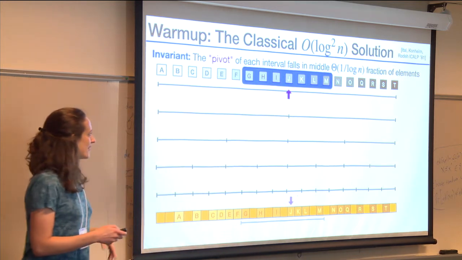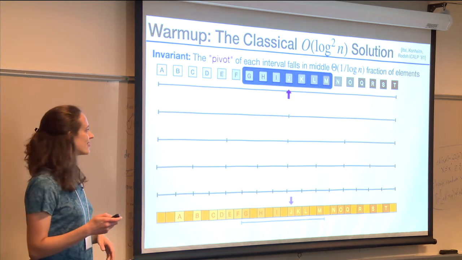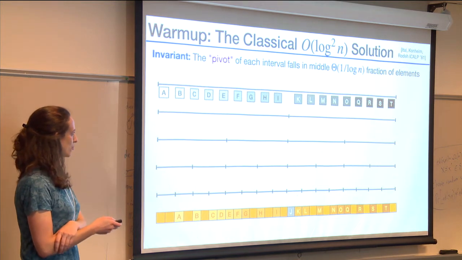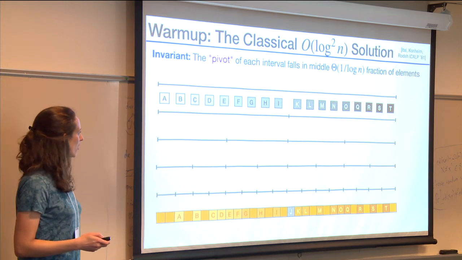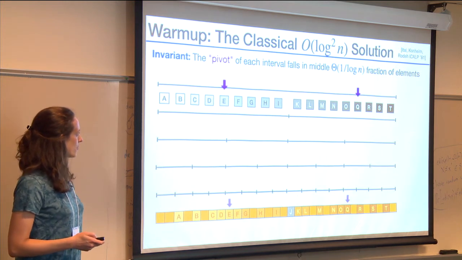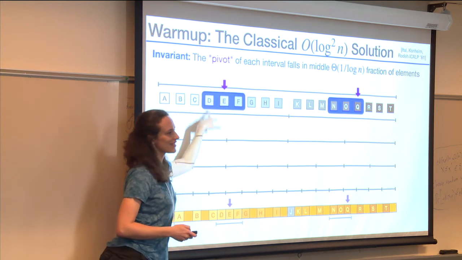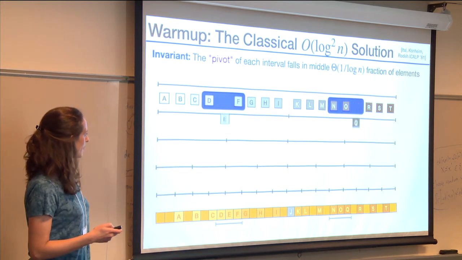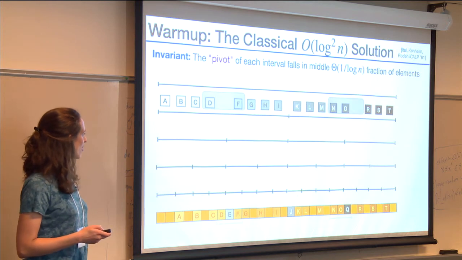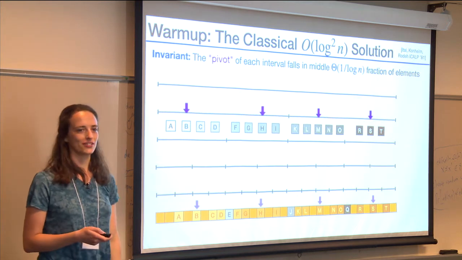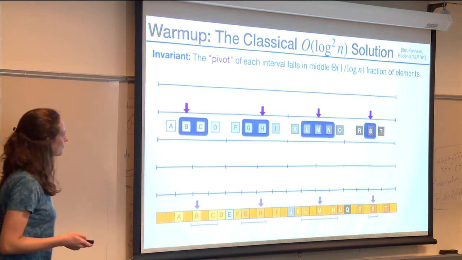The answer is yes, so the invariant is satisfied, and we keep going and check that it is satisfied for all of the other intervals all the way down to the bottom.